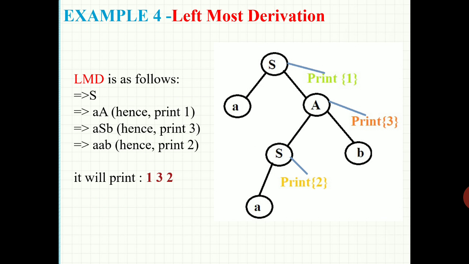Hence the leftmost derivation of this string is S produces A, then A is replaced by S b, then S is replaced by a. Here there is only one non-terminal in each production, so the rightmost and leftmost derivations will be the same in this example. So it will print in the order of the leftmost derivation: first 1, then 3, then 2.